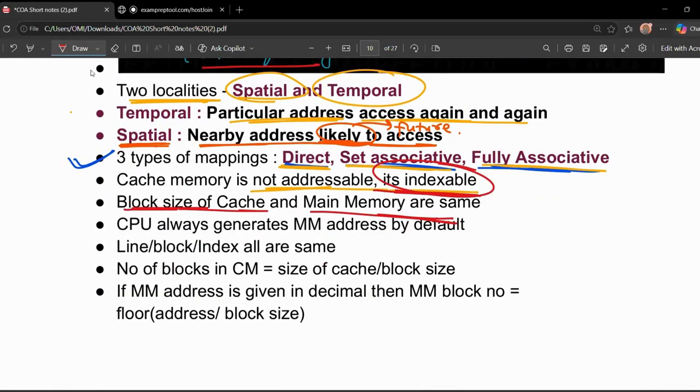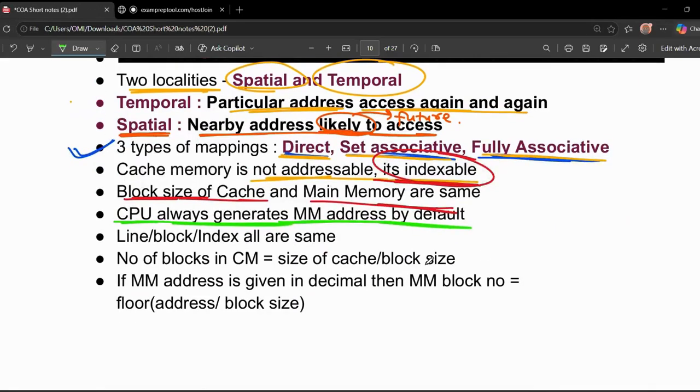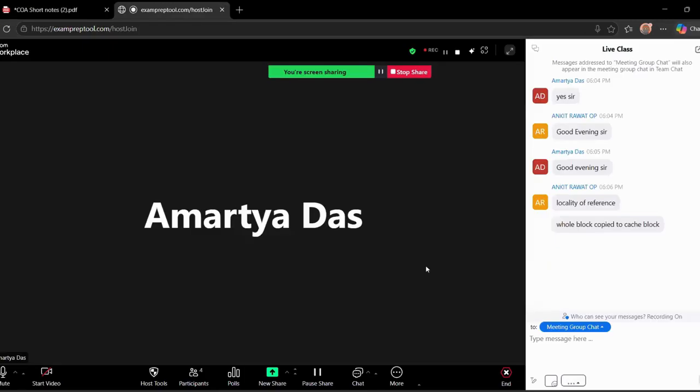Next point: CPU always generates the main memory address by default, because the CPU doesn't know that there is a cache in the system. If this is the CPU and you place the cache here, the CPU is unaware of the cache, because it always generates the main memory address.